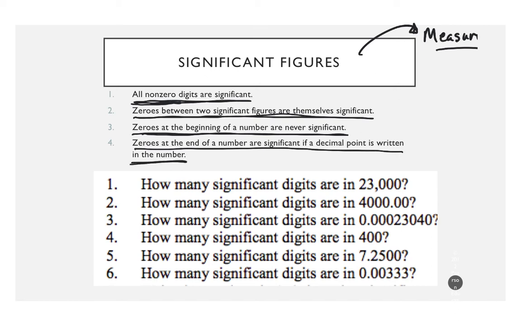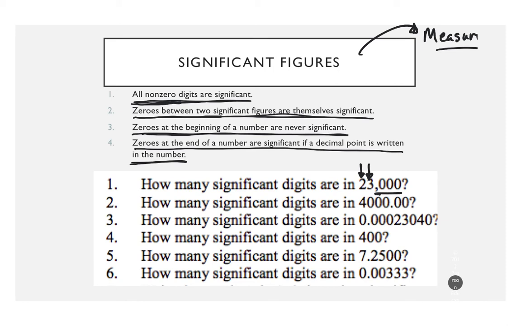So how many significant digits are in these values down here? We'll do one together and then we'll have you do some on the left side. This very first one is 23,000. It says all non-zero digits are significant. That makes the 2 significant and the 3 significant. Zeros between two significant figures are themselves significant.